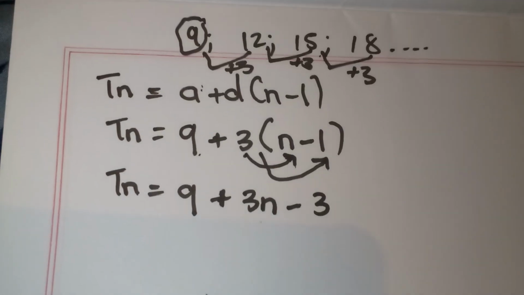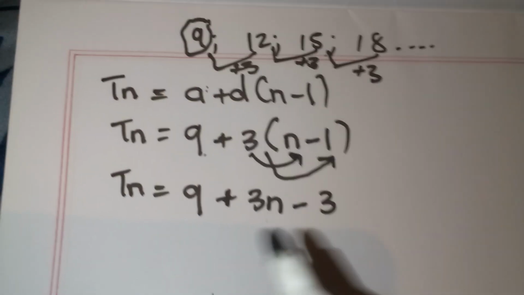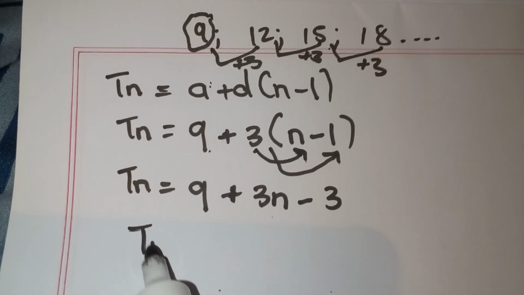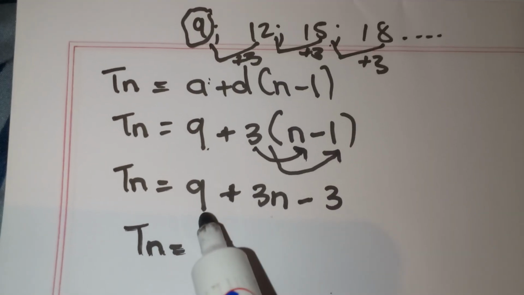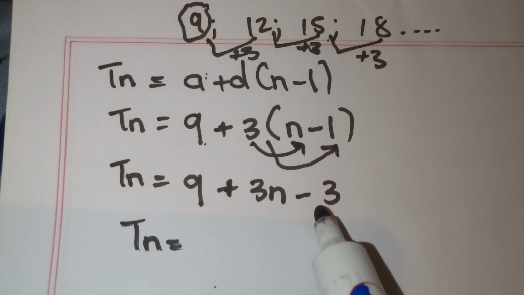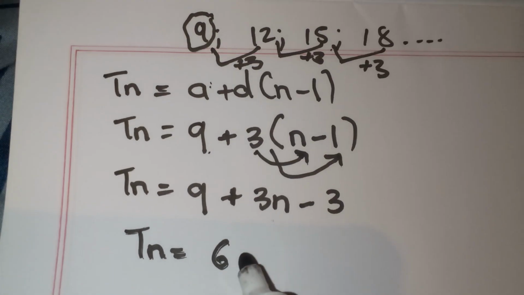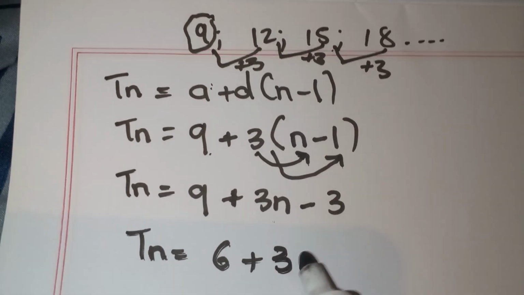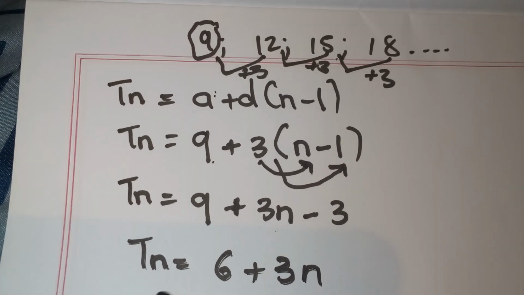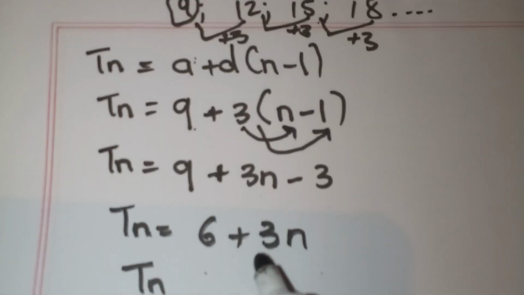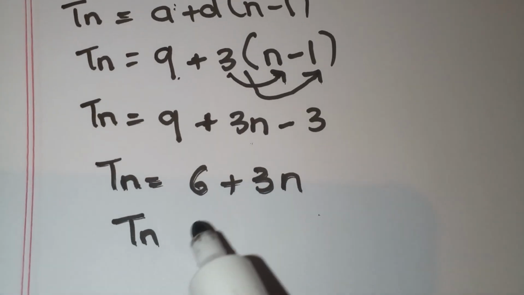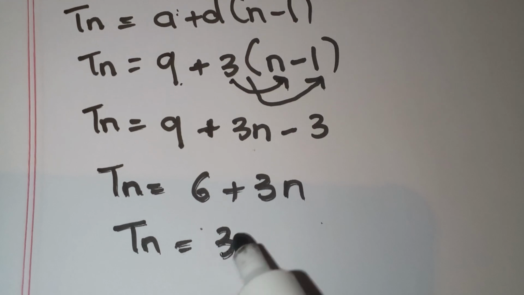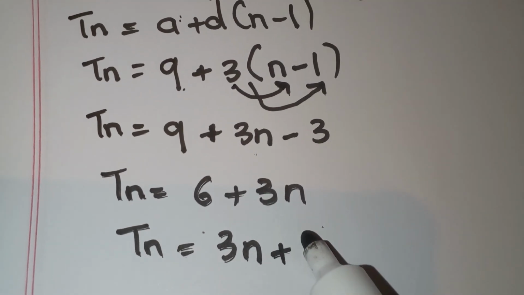Remember, we are finding the general rule. So that means it's going to be Tn equals, we collect the like terms here. 9 minus 3, guys, is 6, plus 3n. You can rewrite this one if you like, because you know addition is said to be commutative. So you can say it is 3n plus 6.